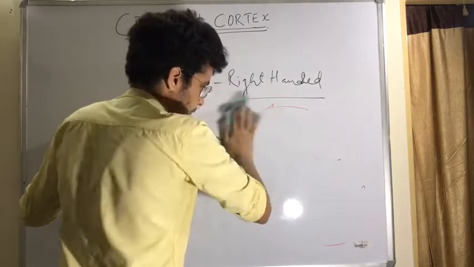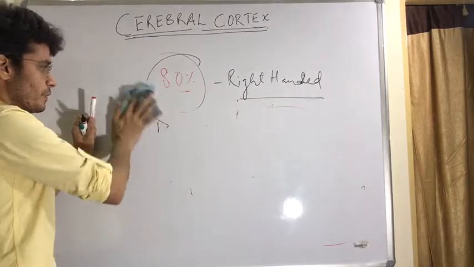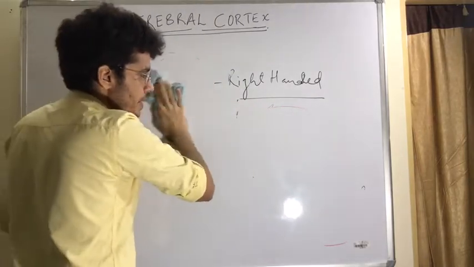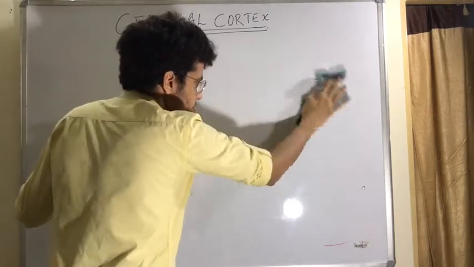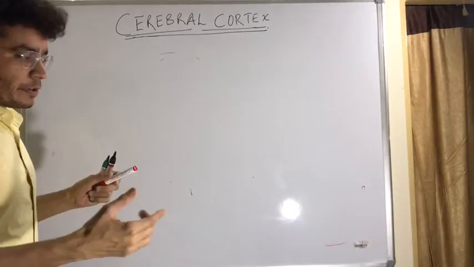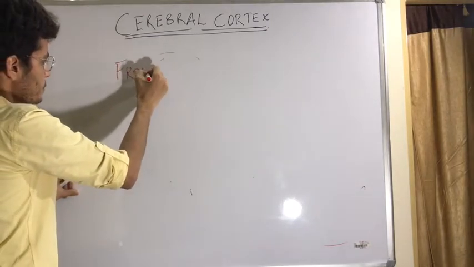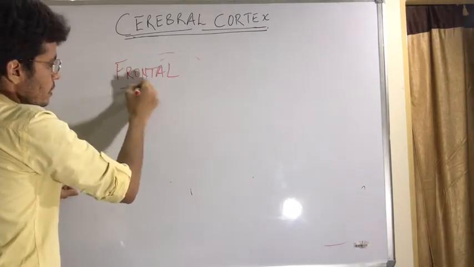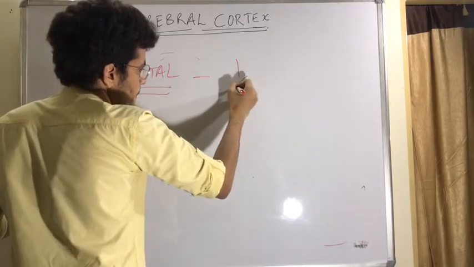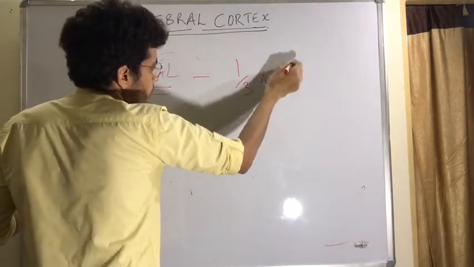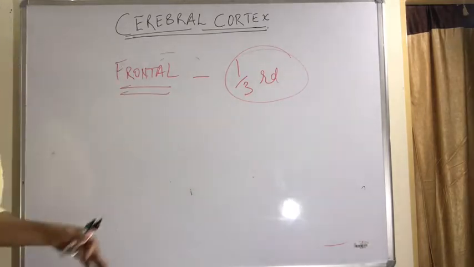We studied these cortex areas, the four: frontal, temporal, parietal and occipital. So first we will start with the frontal lobe. This frontal lobe constitutes almost one third of the entire cerebral cortex.